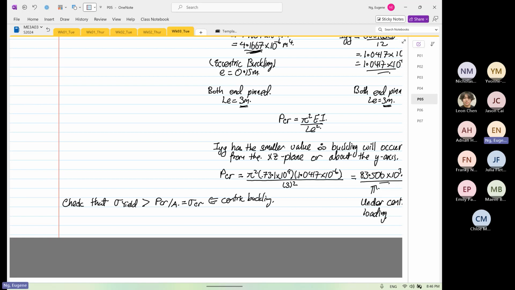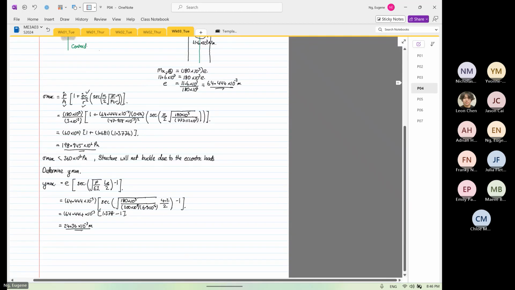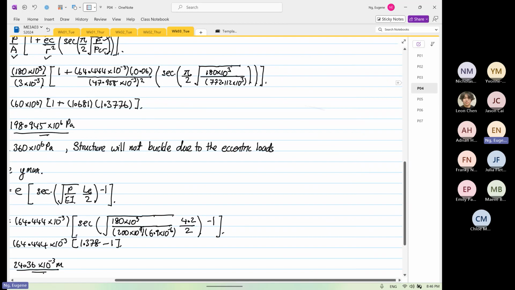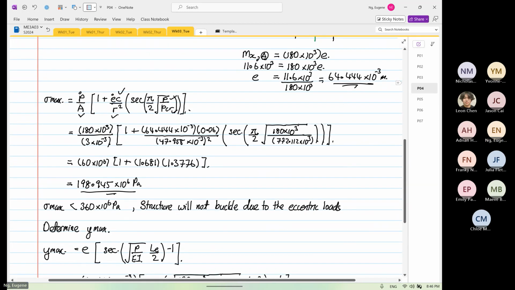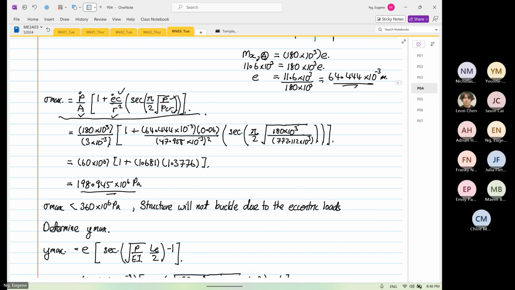Because for eccentric buckling, the formula is all changed already. It changed to be this formula over here. No more force divided by area.